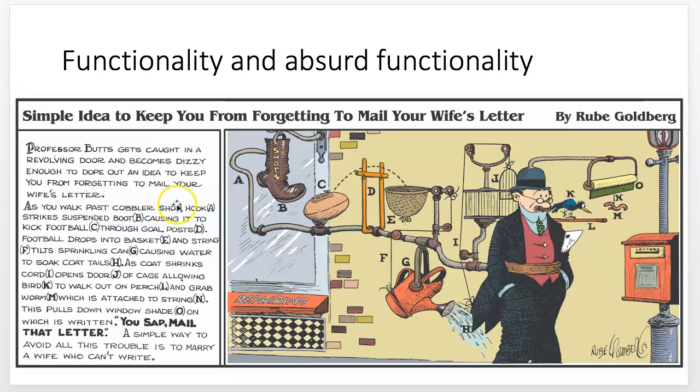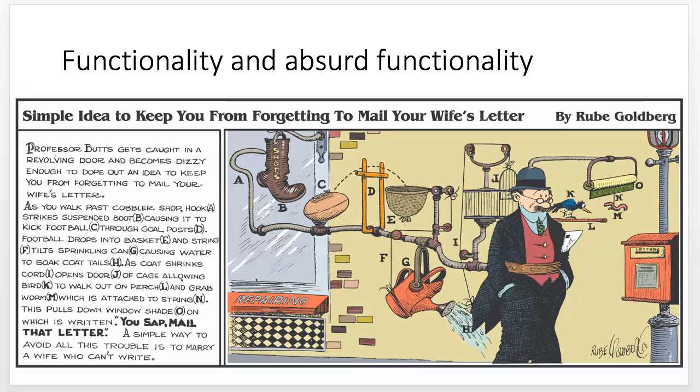As you walk past the cobbler shop, the hook strikes the boot, suspending it. See, so A, B, C goes to D, E, F, G, H, I, J, K, L, M, N. So the end of it all is that it pulls down the window shade on which is written, "USAP, mail that letter," which is to get him to realize that he needs to mail the letter.